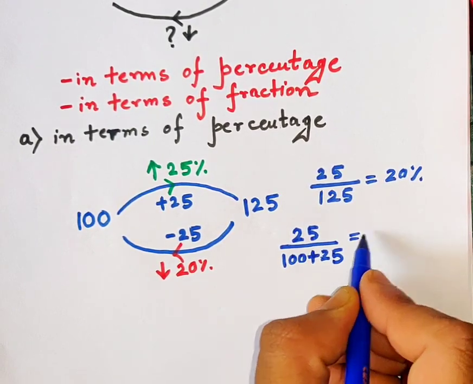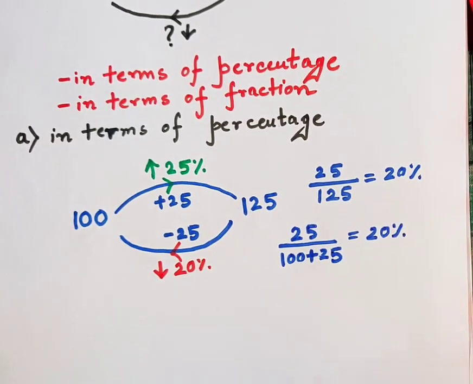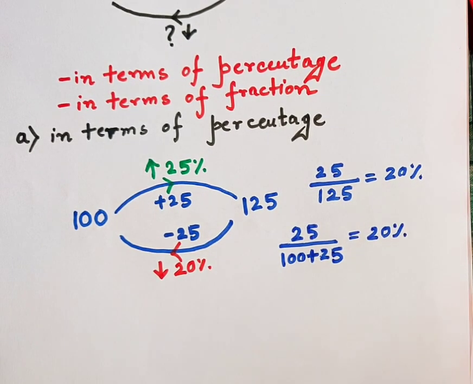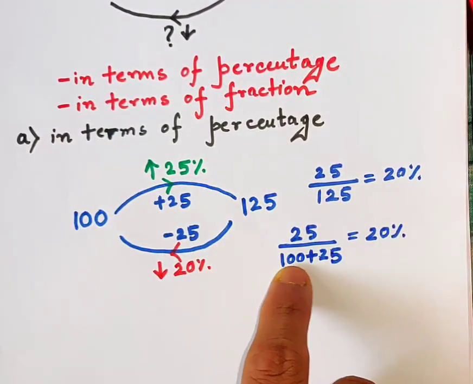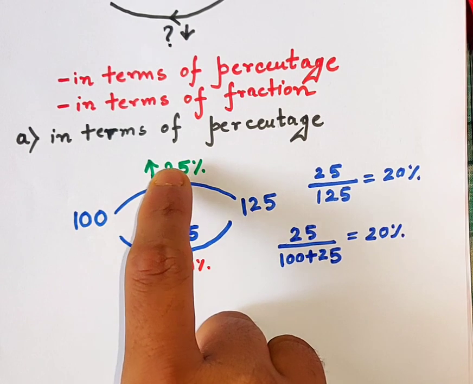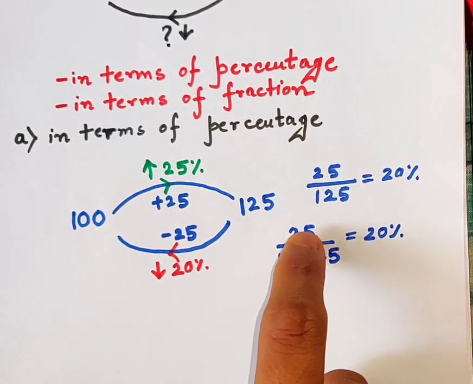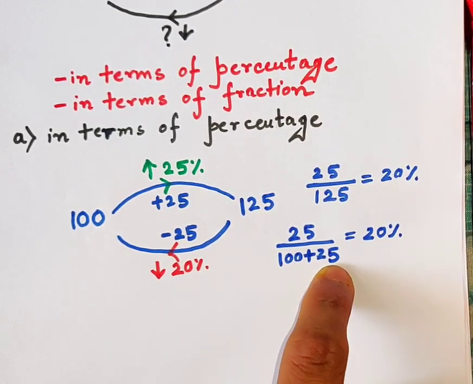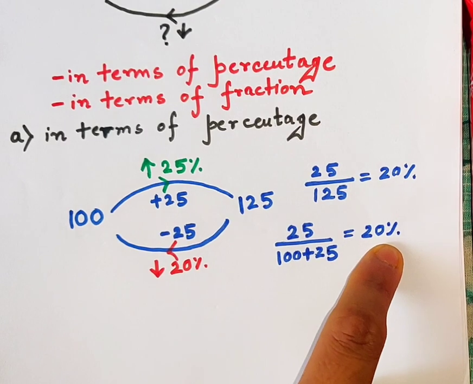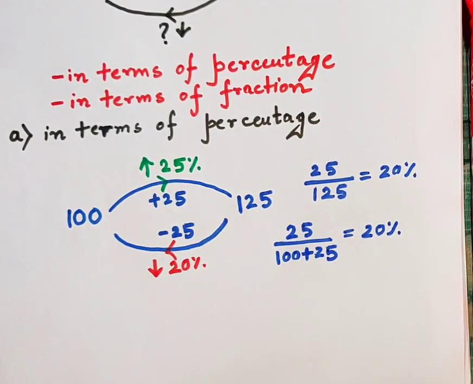This is the value 25 by 125, which came to 20%. So you just have to remember that if you are increasing, you are increasing the base. So you simply have to add this percentage to the base, assuming it to be 100. So increase means 25 by 100 plus 25. Because you have increased, your base has increased, your percentage has reduced, from which you need to reduce this from 125.